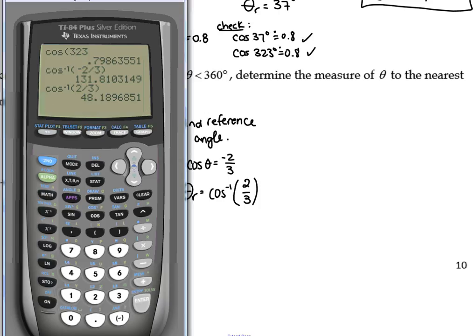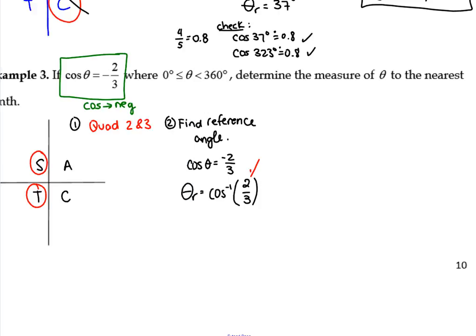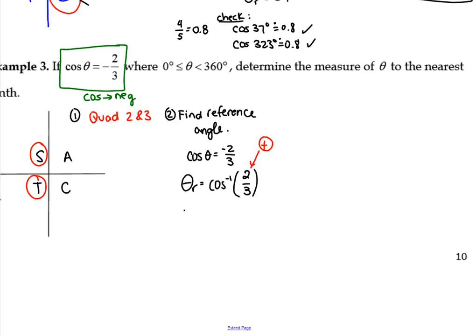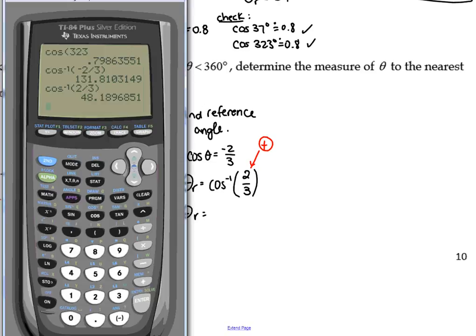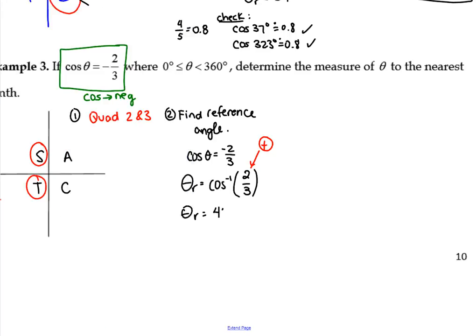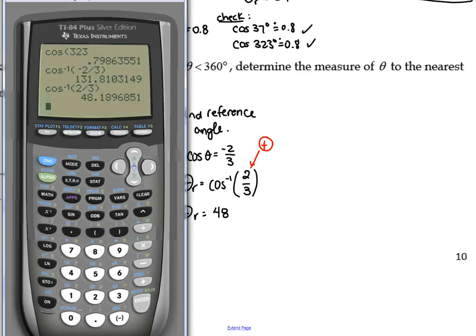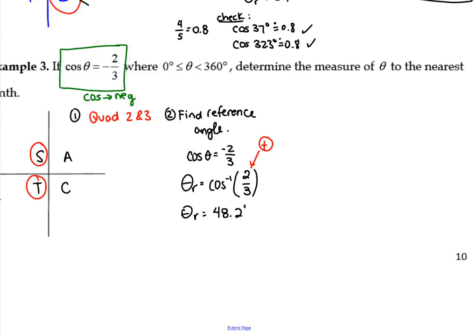There's two places cos is negative, and that's why we always put in the positive. We always put in the positive to find the reference, because we want it to be an acute angle. We want the first quadrant. So then we can find the other two. And so that was, to one decimal place, 48.2 degrees.